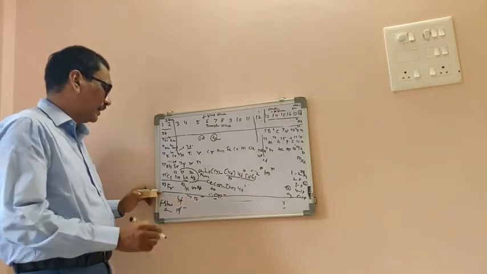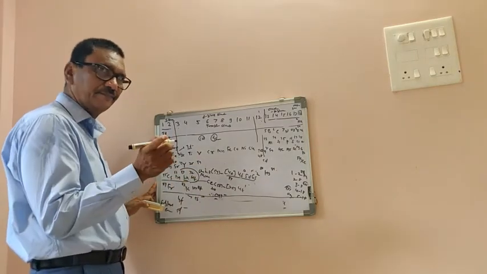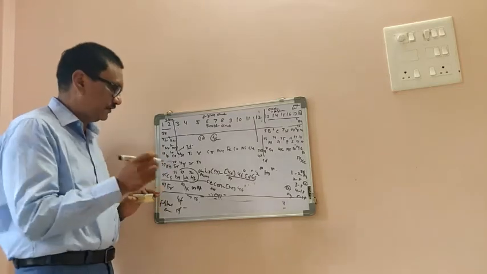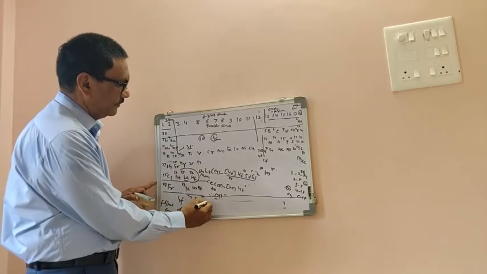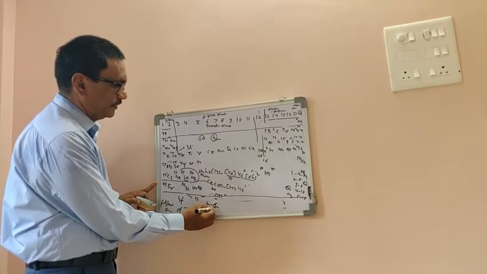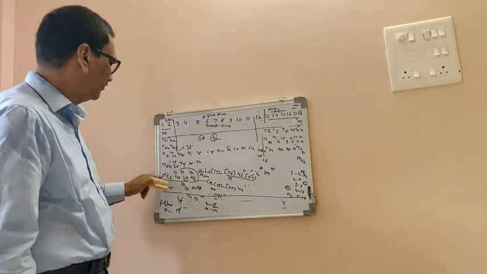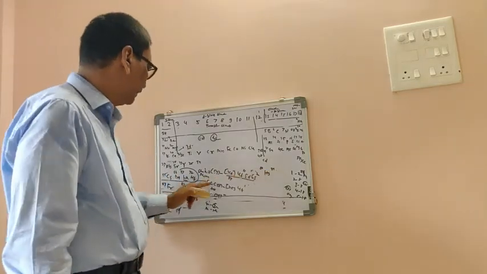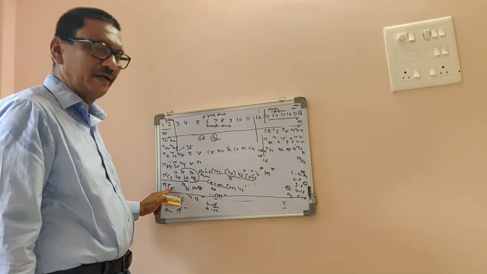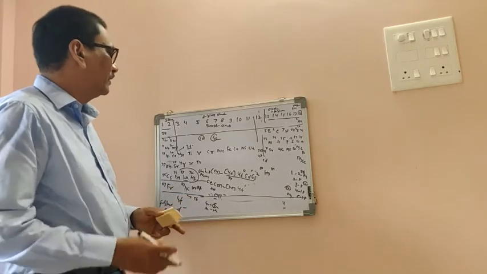Again, in which group and which period? The answer is group third again, and the period is now 7, not the 6th, because the 6th we already completed, and the 7th period we are starting here. So the 7th period is the actinides.